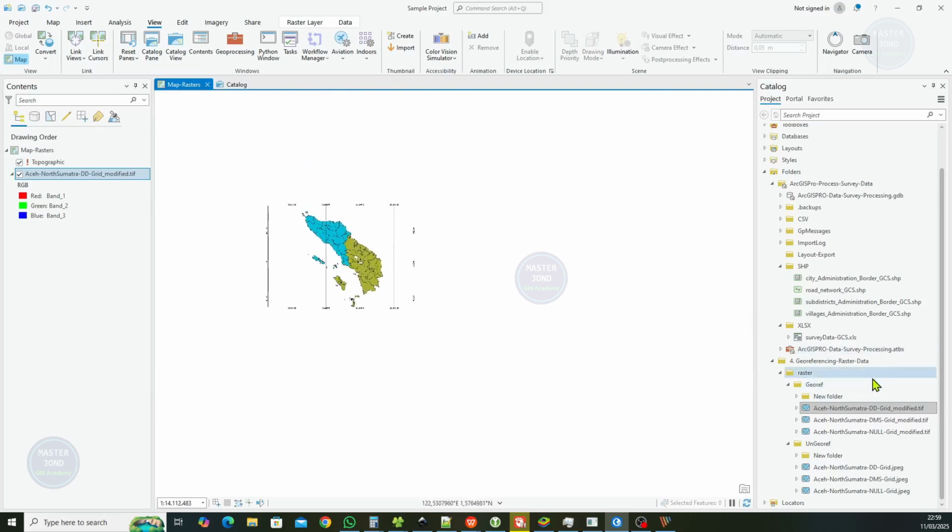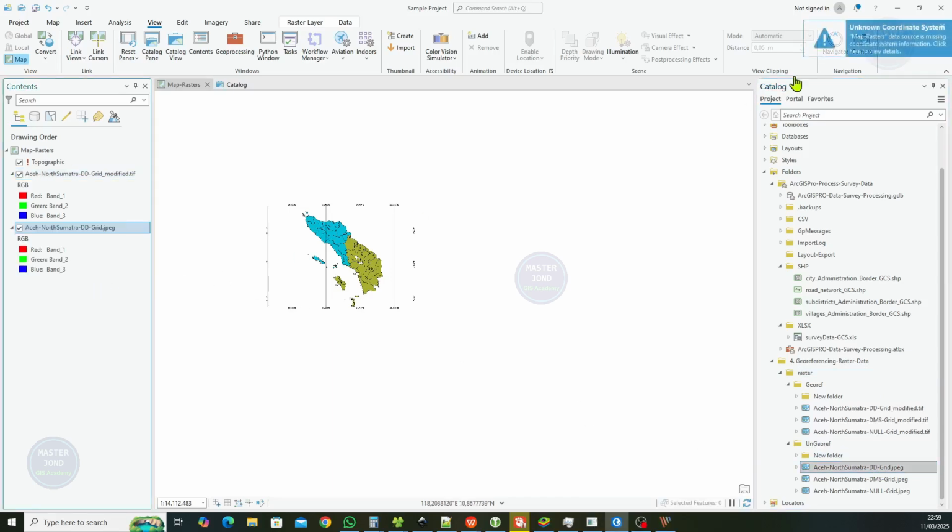So let's load the ungeoreferenced ones here. Take a look at this, the unknown coordinate system. It pops up information that the raster data that we loaded is missing the coordinate system, which we viewed earlier in our properties dialog: the coordinate reference system is unknown.